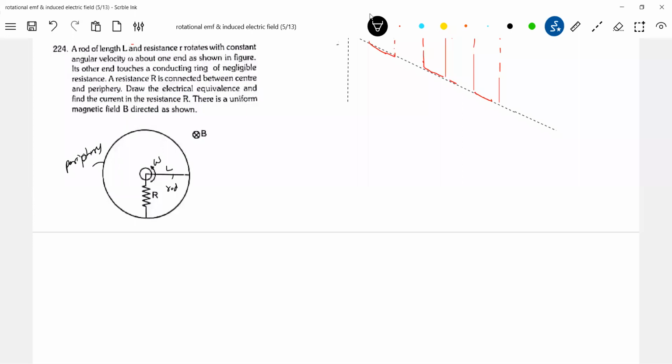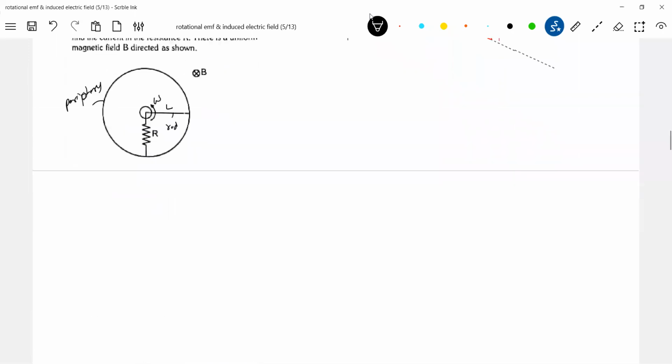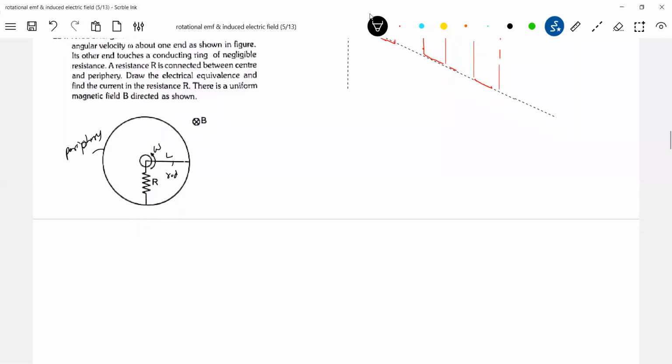Everywhere the B bar is into the plane as shown in the figure. So we have to calculate the expression for the current I. Find the current through the resistor R.